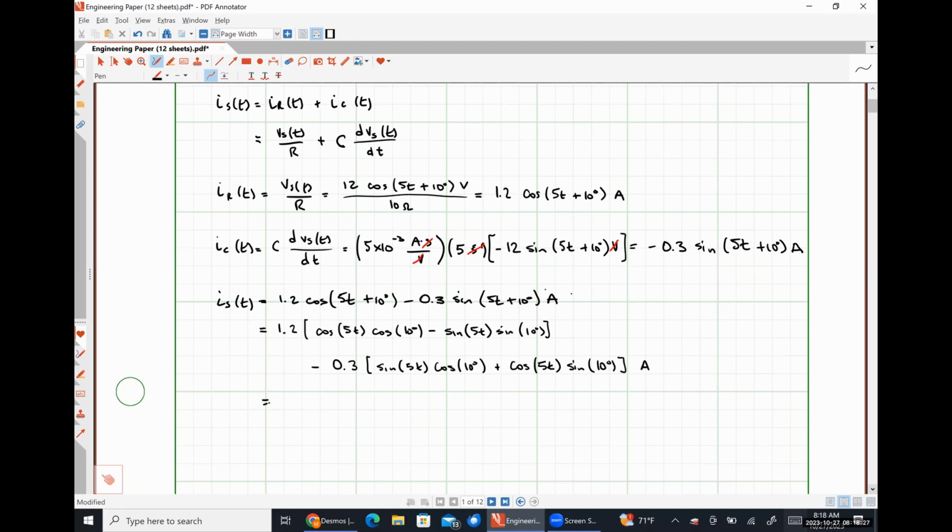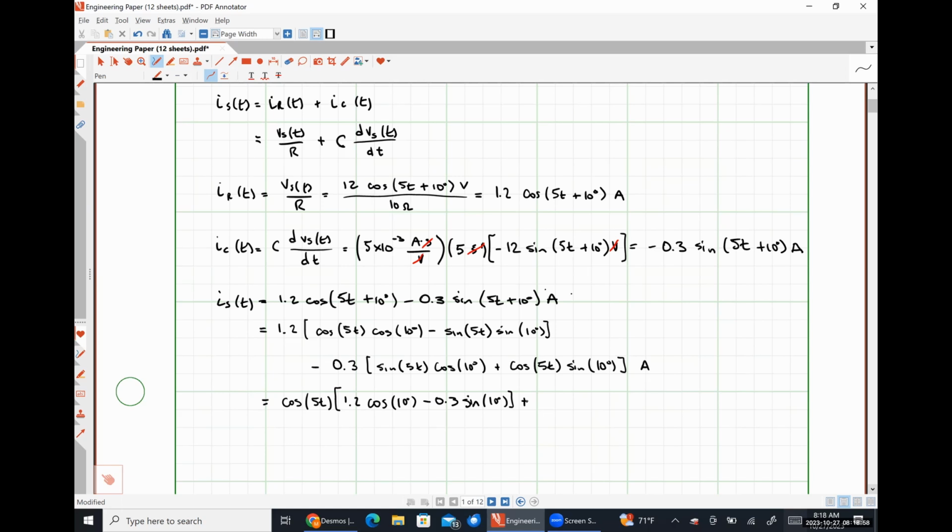For my cosine of 5t, if I pull that part out, I'm going to have a 1.2 times cosine of 10 degrees term, and then also a minus 0.3 times sine of 10 degrees term.